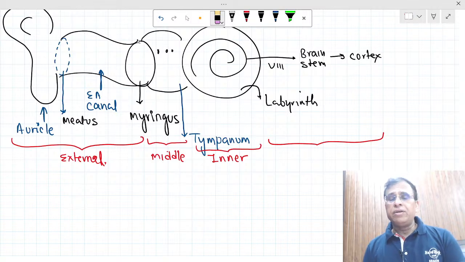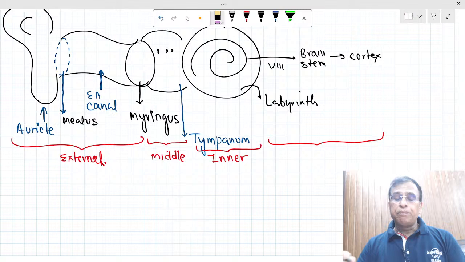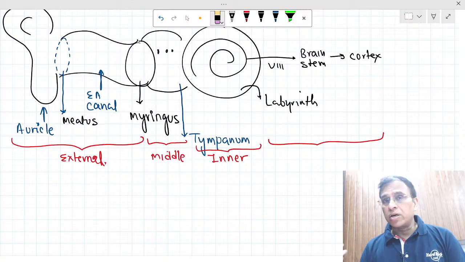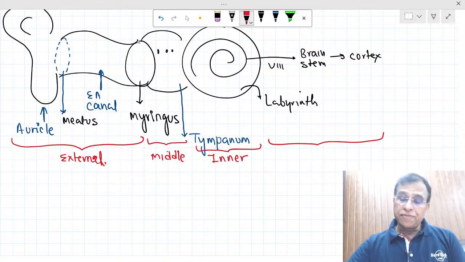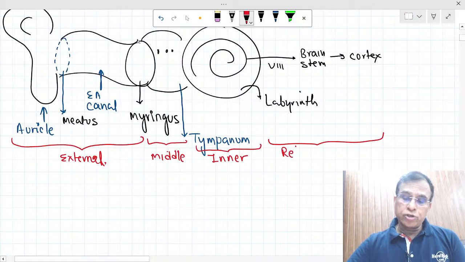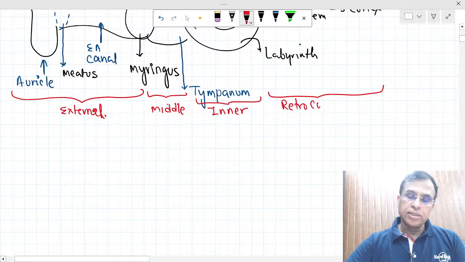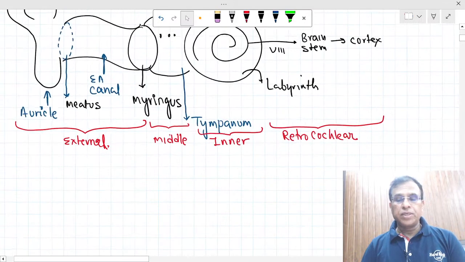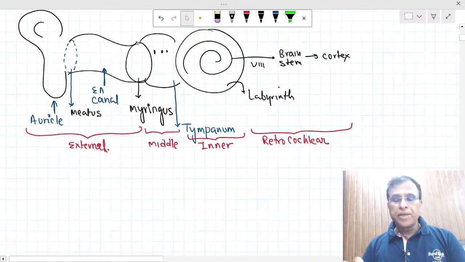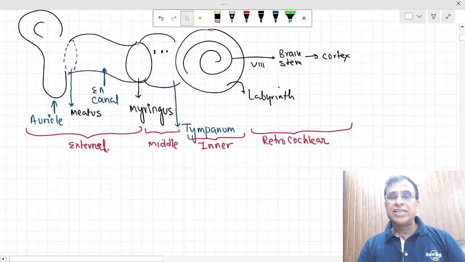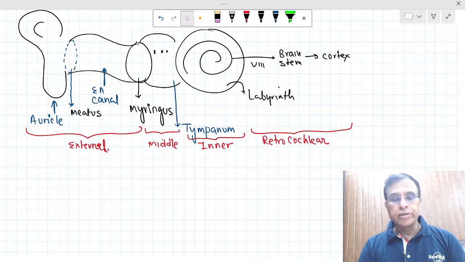Anybody who knows the common name for this whole area? Because this area lies after the cochlea. See, it's such a logical thing. After the cochlea, it's called retrocochlear ear. Retrocochlear. See, the term means after the cochlea, retrocochlear. So for you, ear will have four parts: external, middle, inner, and retrocochlear.